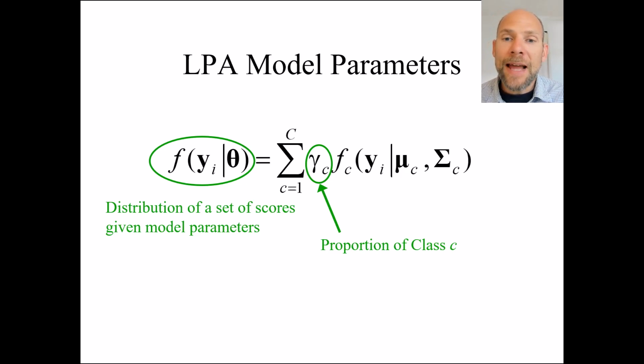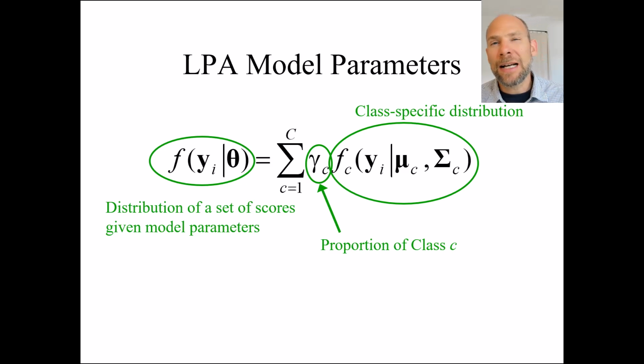And then next are the parameters that are related to the nature of the classes. So what the classes actually look like, how they are interpreted. And so that's to say the class-specific distribution here with class-specific means mu c and a class-specific covariance matrix sigma c.